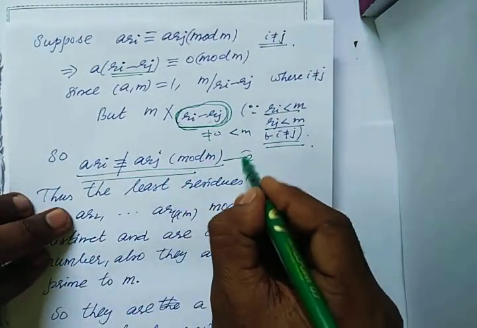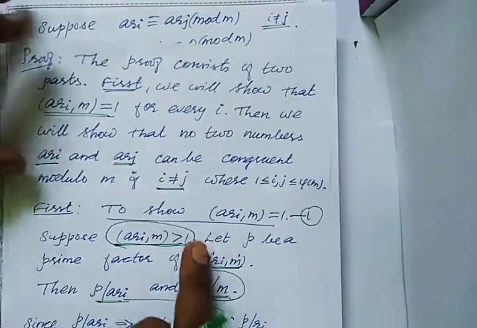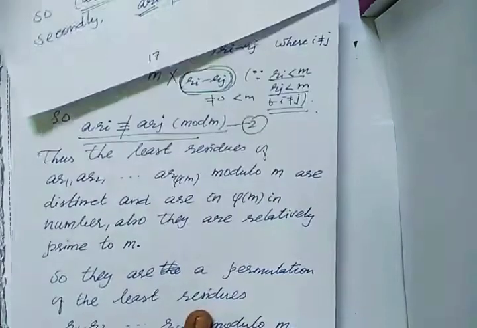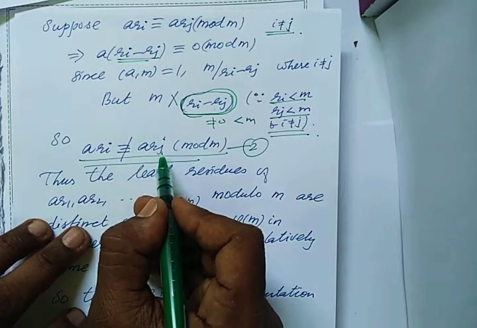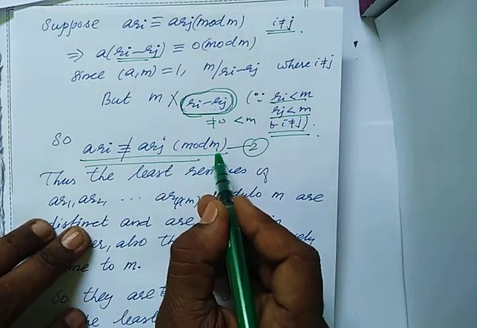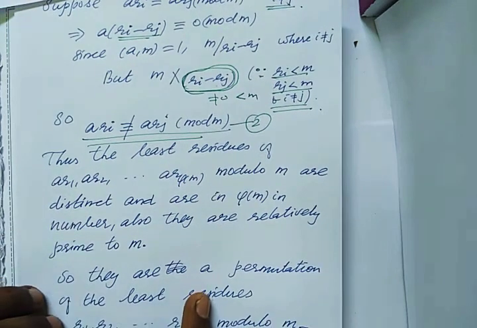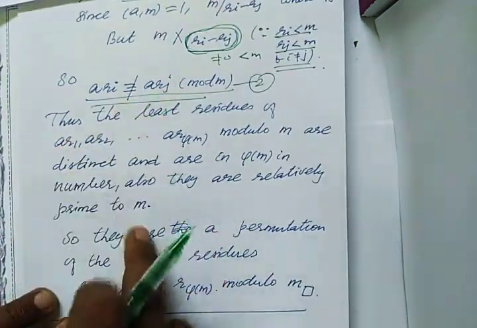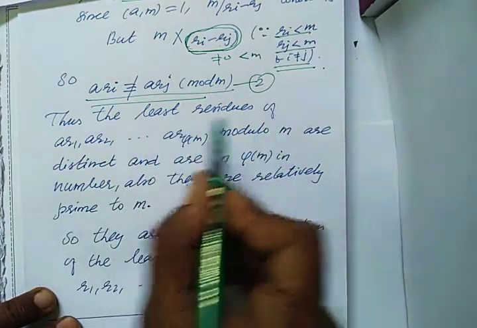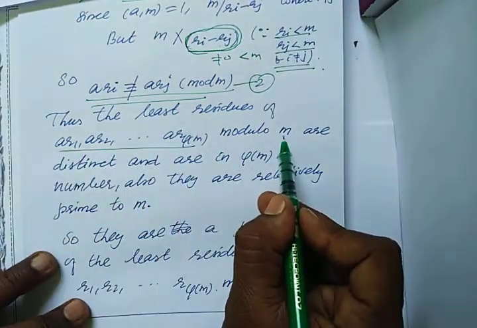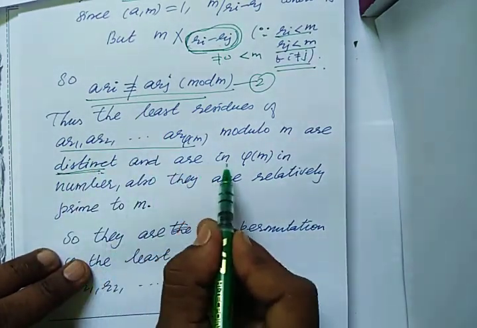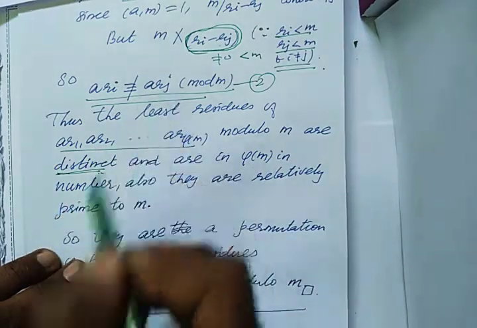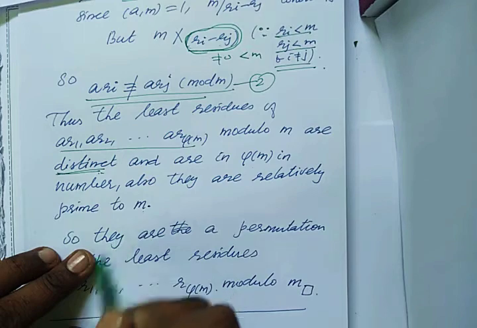So from this one as well as from this one, this says that these two are relatively prime, and this says that this number and this number will leave different remainders when we divide by m. So with these two statements we conclude this paragraph. Thus the least residues of these numbers modulo m are distinct because of this one, and are phi of m numbers because of this one. Also they are relatively prime to m.